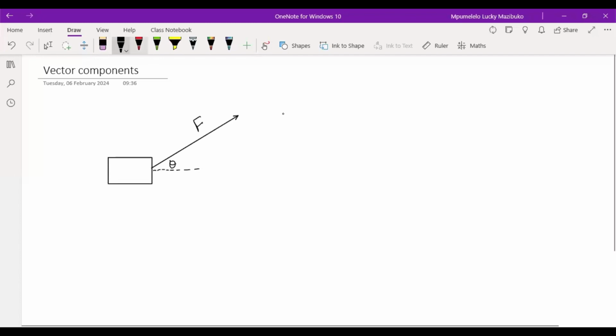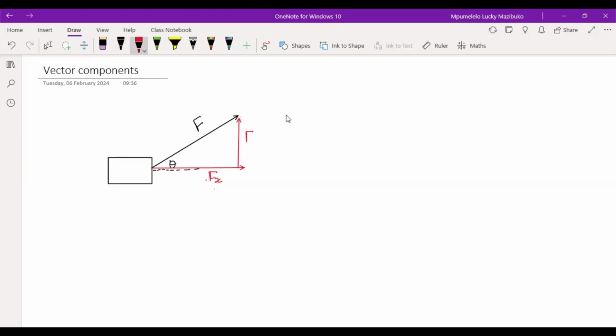This vector is actually made up of two components: the horizontal component going in that direction, which we can call fx, and the vertical component called fy. Now we are determining the components given the force and the angle.